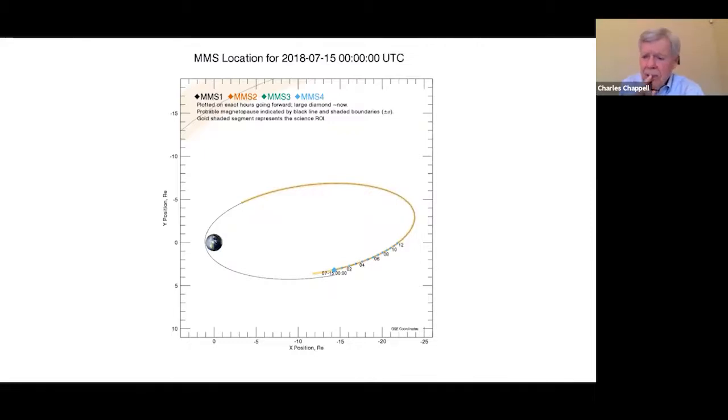Okay, I want to show you a couple of examples of how MMS data can help us with this, because what we're talking about is trying to understand what has been called the plasma sheet boundary layer. On the north and south side of the plasma sheet, the characteristics of the plasma are different closer to the midplane than they are at the edges.